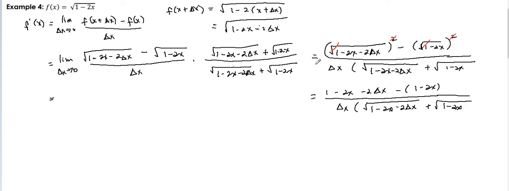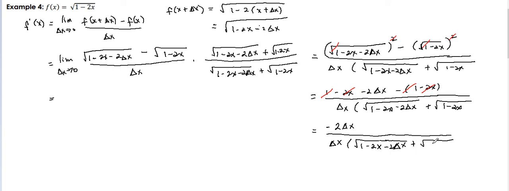Alright. So, pwede natin i-cancel yung ating pong mga terms. So, we have 1 minus 1, that is 0. Negative 2x minus negative 2x, that is 0. So, maiwan na lang natin dito ay negative 2 delta x all over delta x times square root of 1 minus 2x minus 2 delta x plus square root of 1 minus 2x.